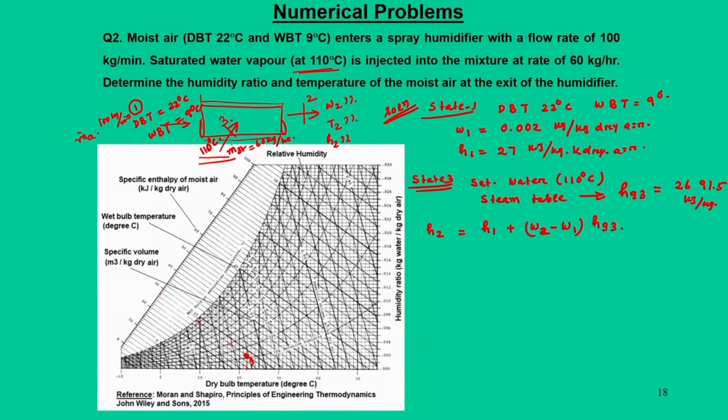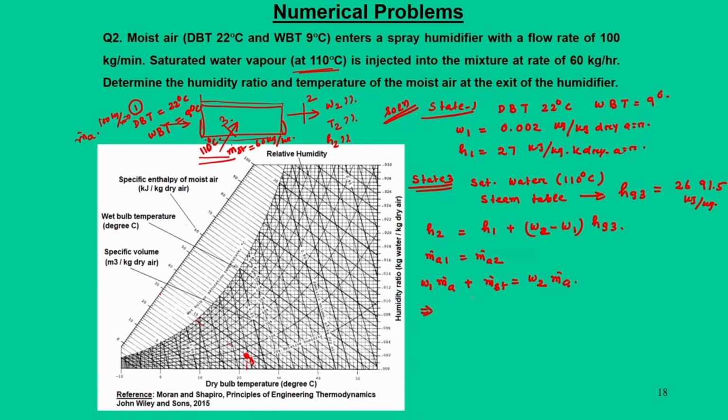To calculate this, we have to recall this equation: m dot A 1 is equal to m dot A 2, and omega 1 m dot A plus m dot steam is equal to omega 2 m dot A, as steam is getting added.